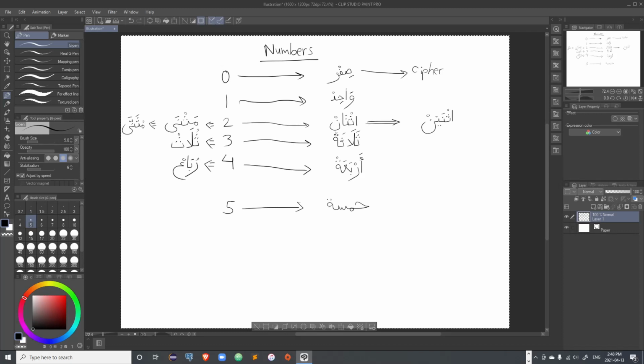Khamsah. 6, and as you can see, it's similar to khamis. 6 is sittah.